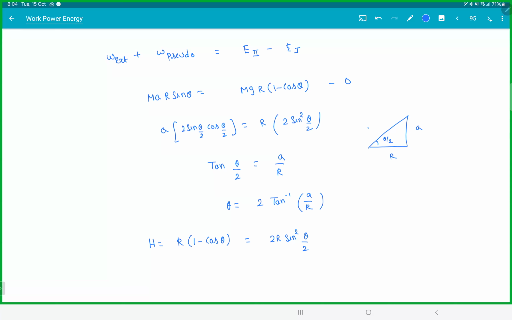This is A and this is R, so the hypotenuse is root over A square plus G square. So this is 2R, and sine theta will be A by root over A square plus G square. That is your H max, everyone. Yeah, R will cancel, my mistake.